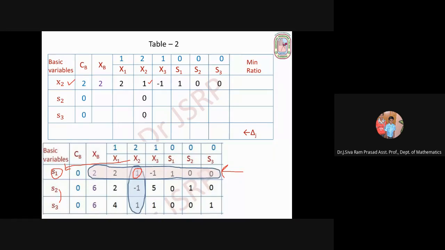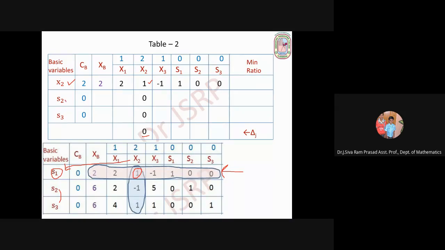We can write the delta j value also. It is 0, since the delta j value is 0 for all basic variables in any iteration. So for the first basic variable the column is 1 0 0.